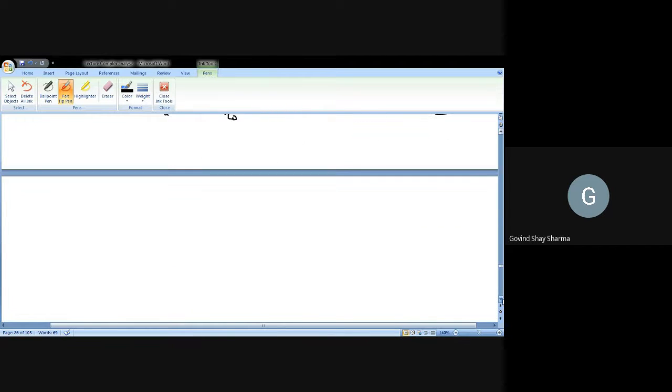Now we come to the numerical problem. This is important, so it is required to explain it to you first. Integrate z square plus 3z plus 2 and find the value of this.